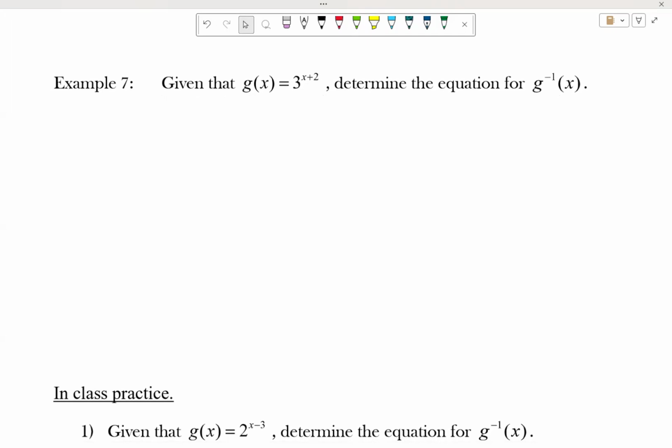What'd you get? Okay, what of what? 3 to the x plus 2 is equal to y. Okay.